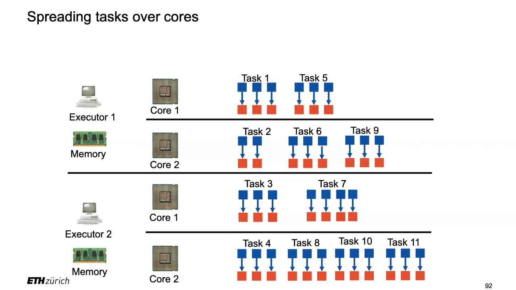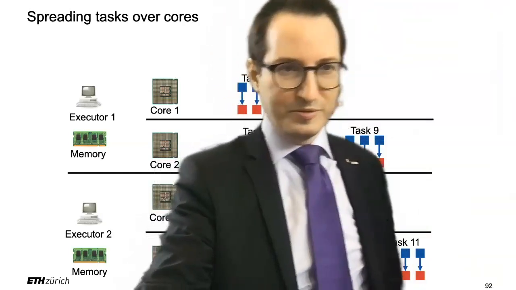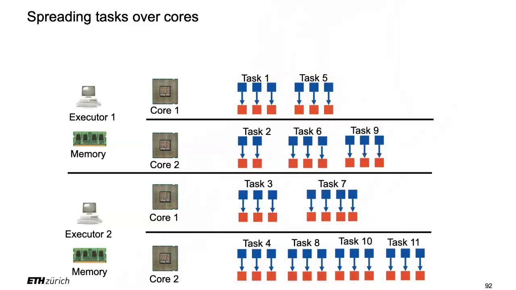Okay. So this is how it works on the physical level with how I assign the tasks to the physical resources. And every CPU core is sequentially taking care of tasks, one after the other, but across the cores and across the machines is going to be in parallel on your cluster.